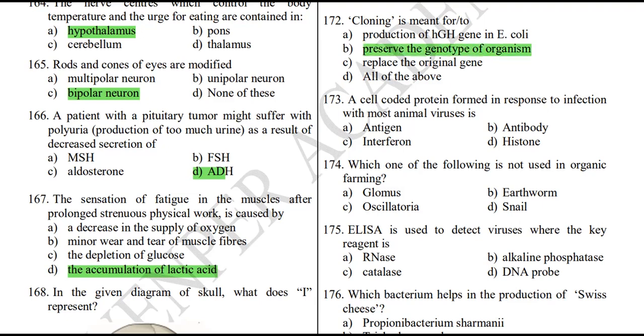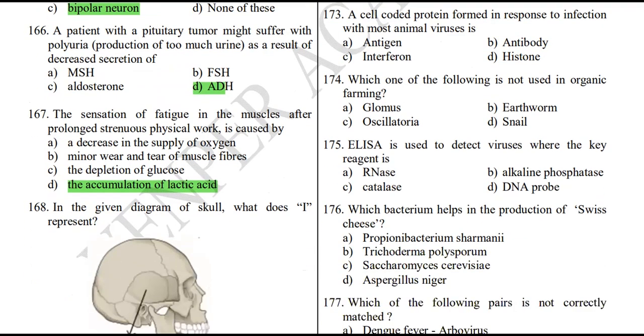Okay, the next very important question: a cell-coded protein formed in response to infection with most animal viruses. Let's take this one and understand. Suppose there are two cells. This is one cell, this is another cell, a neighboring cell.